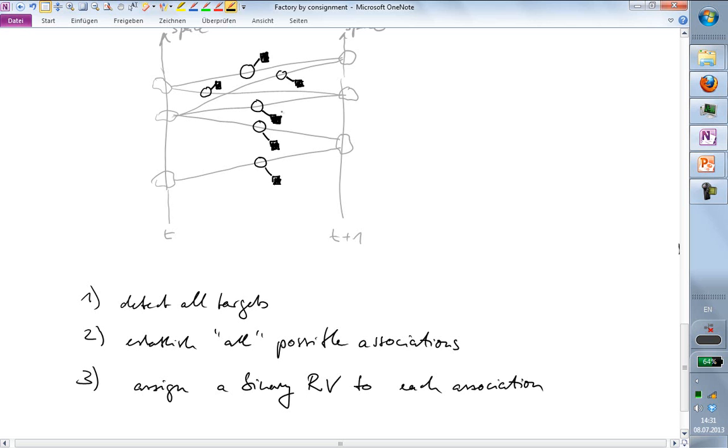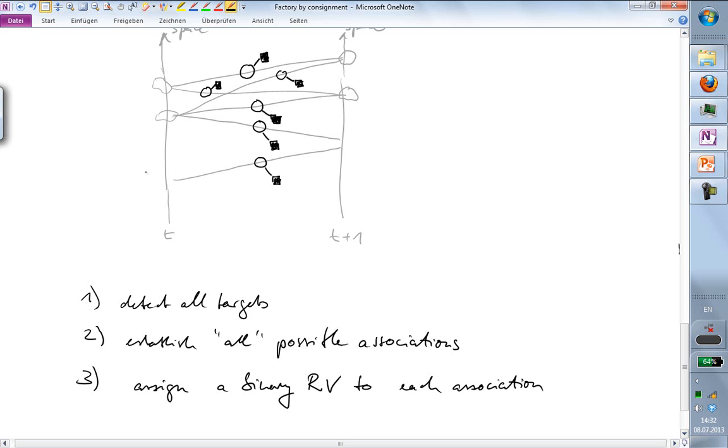So, for example, a good association would be one where the particle does not have to move very far, or a good association would be one that links two particles which are of similar size, or let me more generally say of similar appearance.